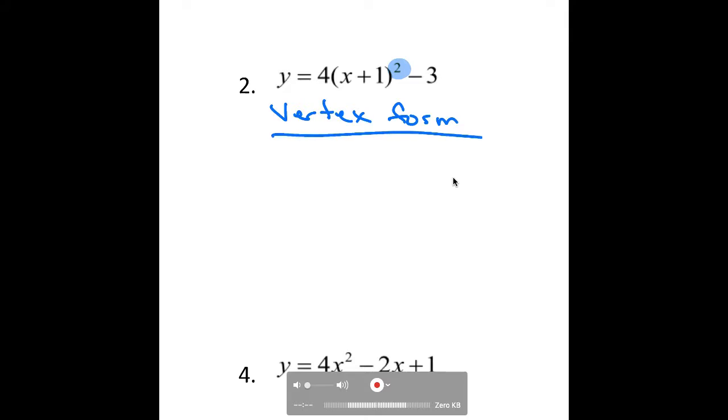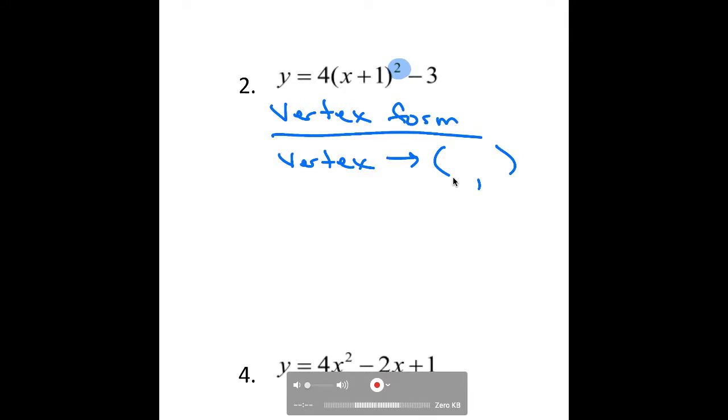So from vertex form, what can we identify first? Vertex. And that one's a nice reminder. Vertex form, find the vertex. That's H and K, but now remember, what's inside the parentheses is always the opposite.